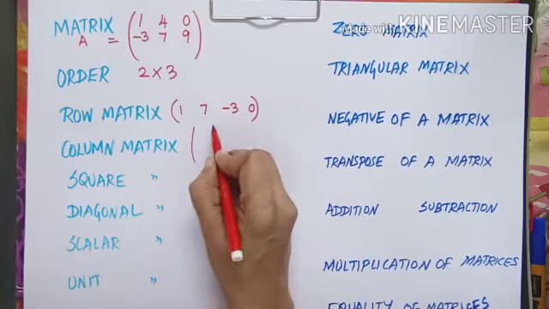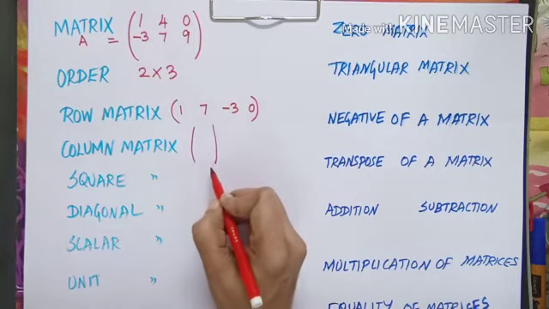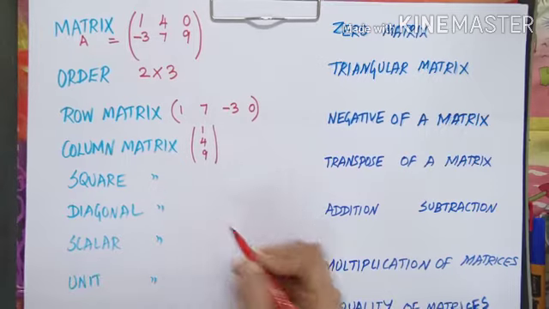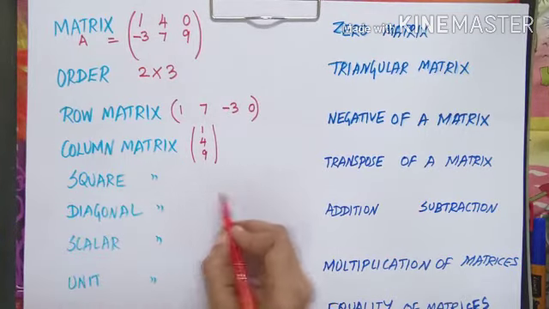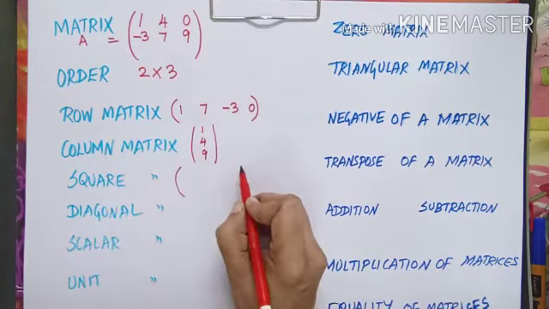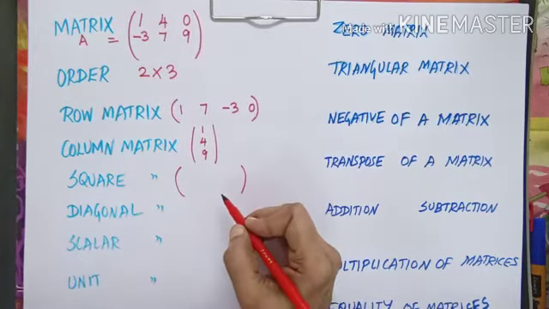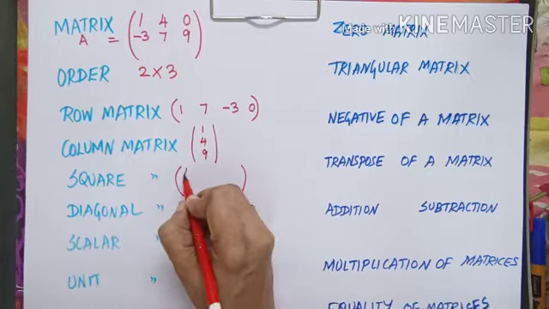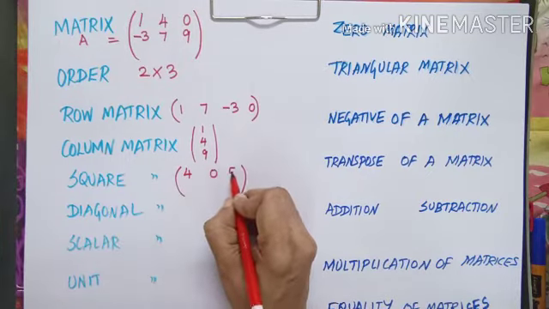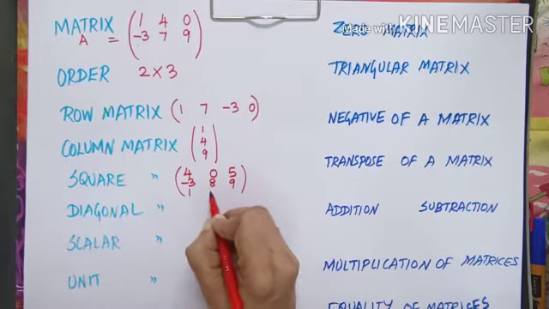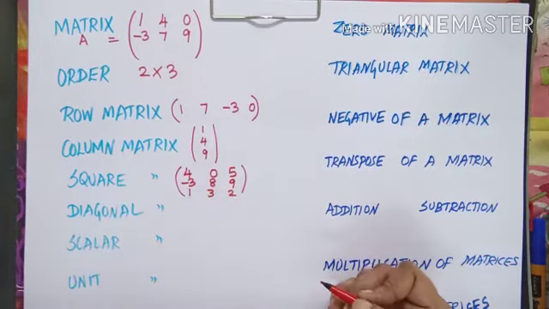Column matrix, we write only 1 column: 1, 4, 9. A square matrix will have the same number of rows and columns. So we have an example 4, 0, 5, -3, 8, 9, 1, 3, 2.